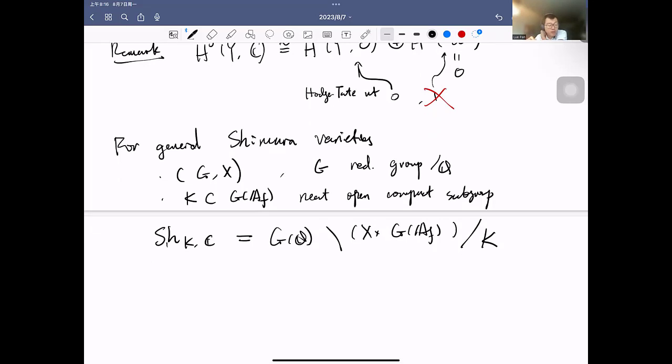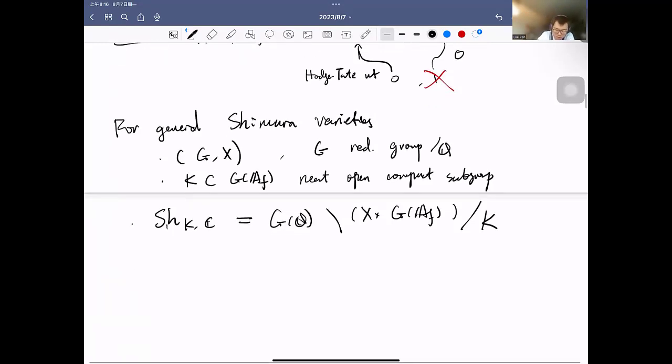And recall that in the case of modular curves, the local systems we are interested in are indexed by non-negative integers. That's because we were in the case of SL2, and the dominant weights are indexed by non-negative integers.